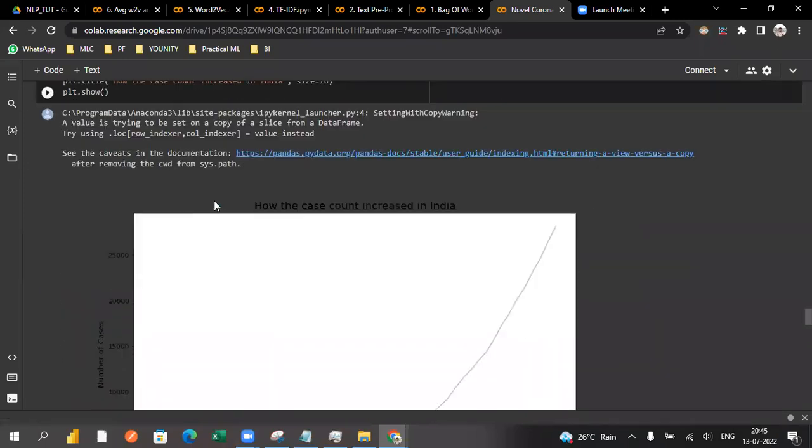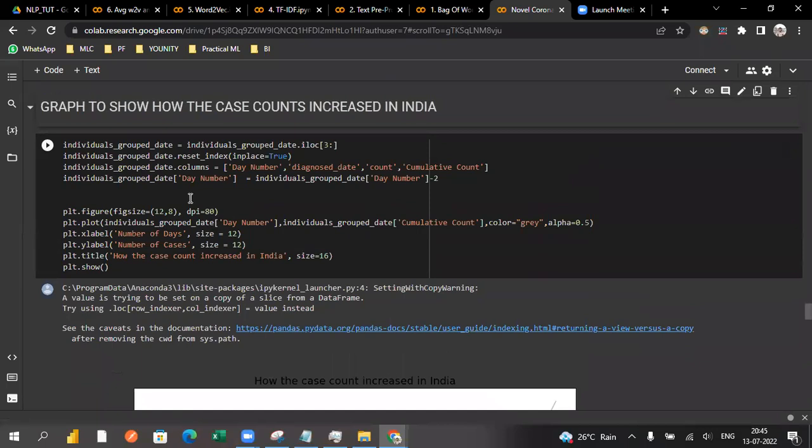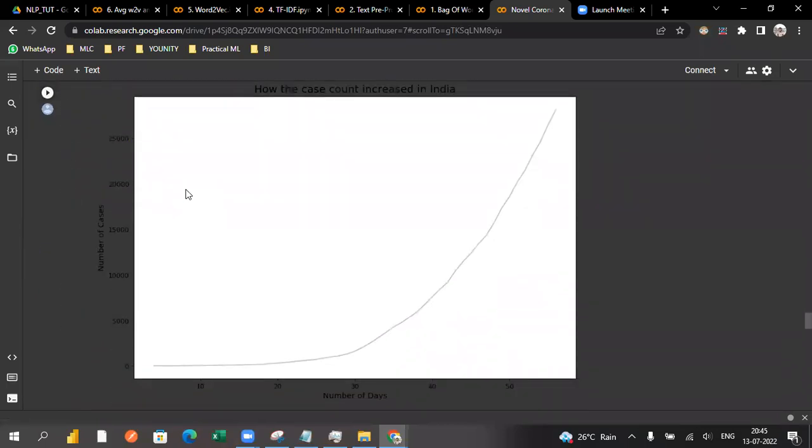Yeah, you can see, I think this is related to the number of days. So the number of days with regard to the number of cases we had in each city and district. How India was growing in cases in the 2020s.